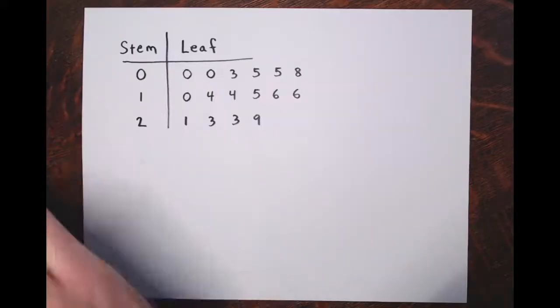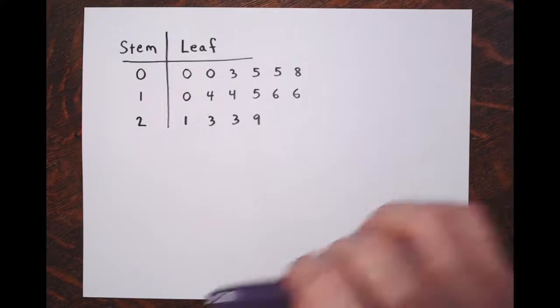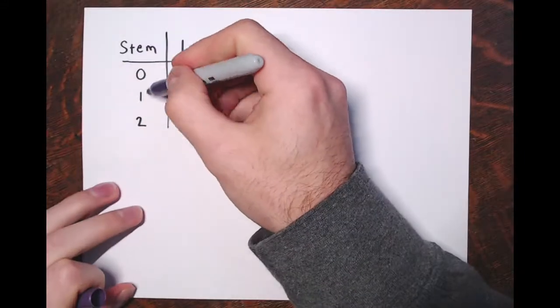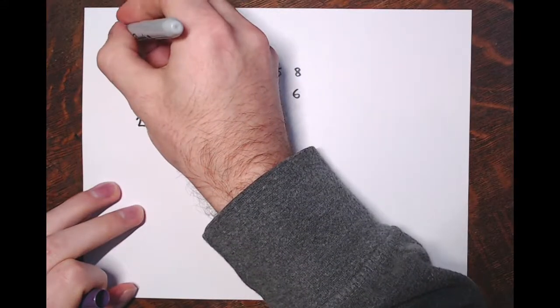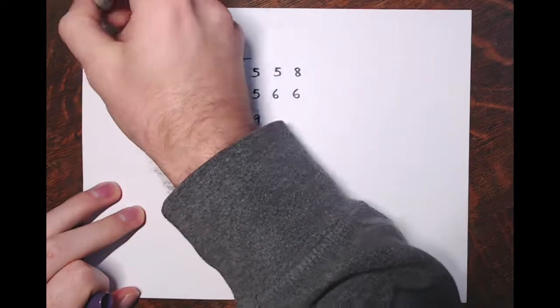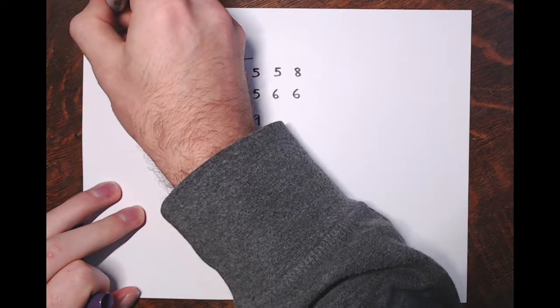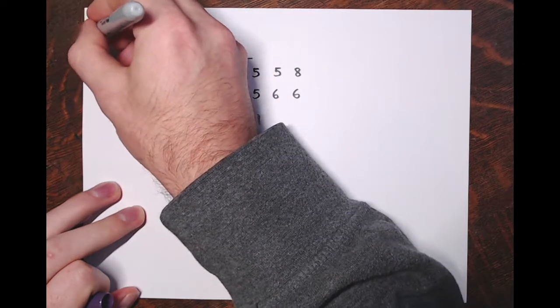So I've written out here the stem and leaf plot you just saw. So stems are usually all the digits of a data value before the final digit. So before the last digit.